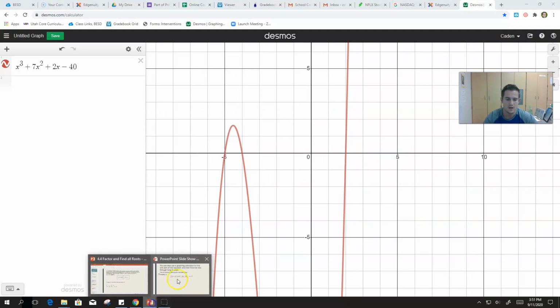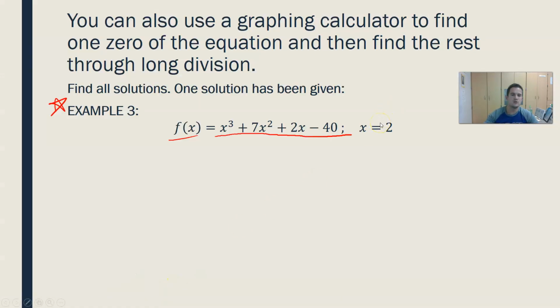Okay, so I'm going to go back in here. I told you that I'm going to give you one solution, x equals 2. What I want us to do is find the rest of the solutions by using long division. Remember, in long division, if I had a factor out here, I can divide that factor into this large polynomial.